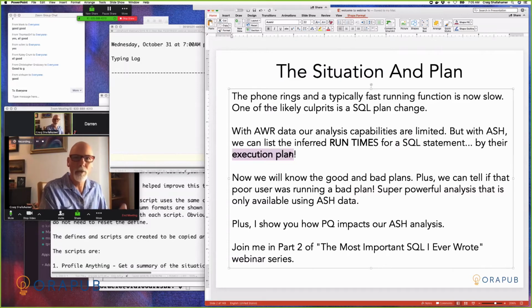Which plan were they running? And you can learn about, well, that was a bad plan. Why is that happening? And then we can go down that kind of path. So we're going to be able to do that. And I'm not going to go deep on any one of these. I'm just going to walk you through it. I'm going to leave you with the SQL, and we're going to use the ASH Scratchpad and a couple ASH queries.